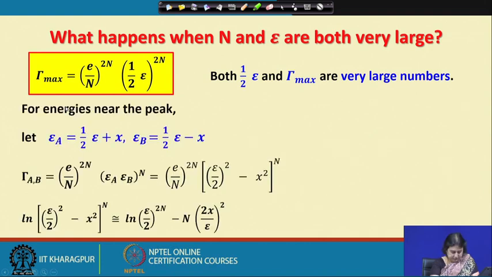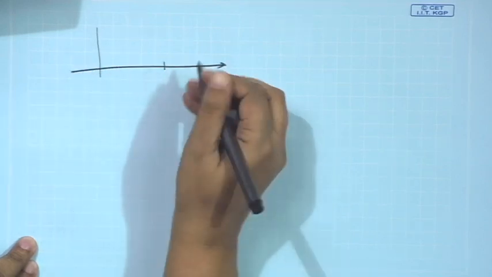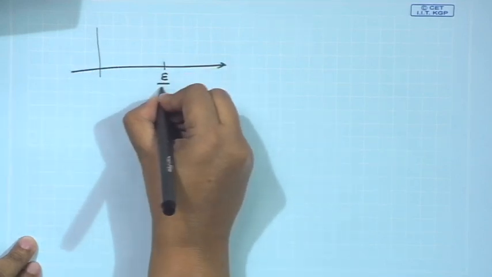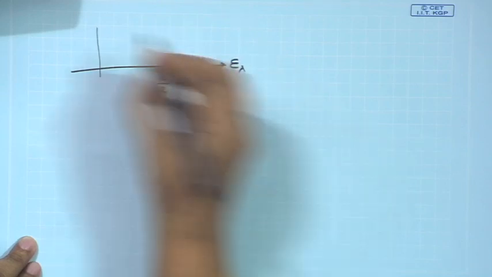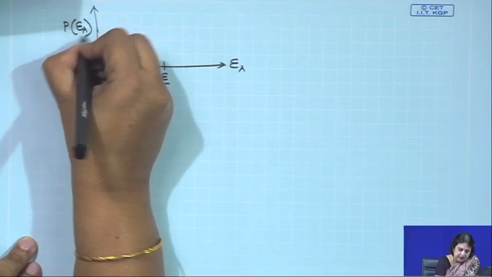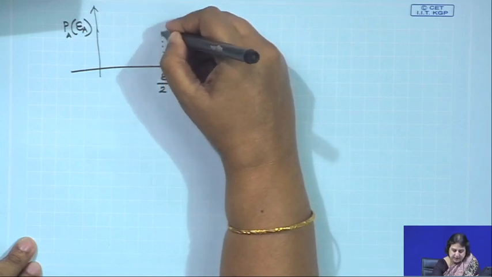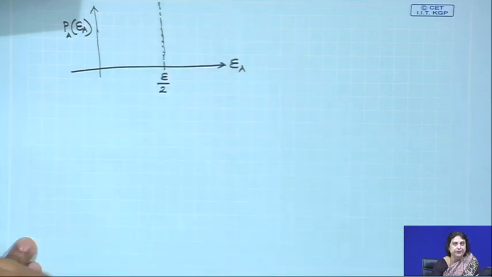Now, the next question that we ask is what happens to the energy values near the peak? So, we are going to work this out very simply. Let us assume that I am looking for, this is the position of the maximum, which is epsilon by 2, and I am plotting epsilon A and the probability of this subsystem A having this energy of epsilon A. I know that there is a maximum located over here.